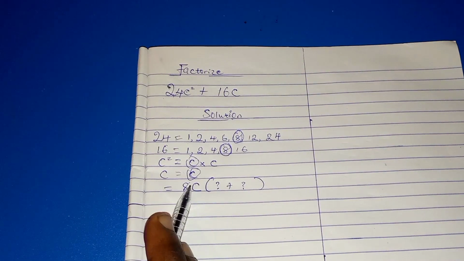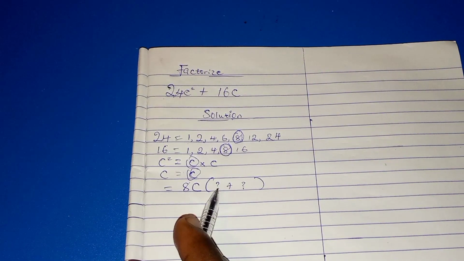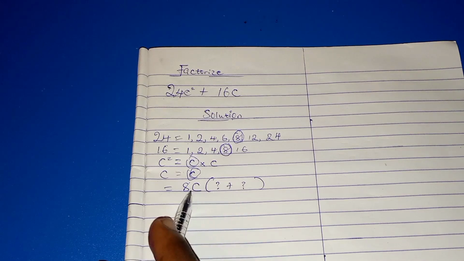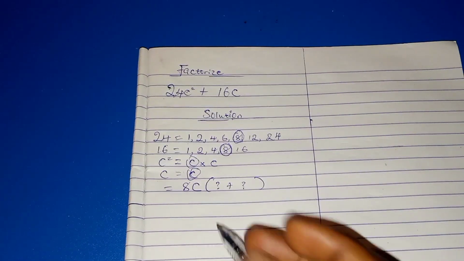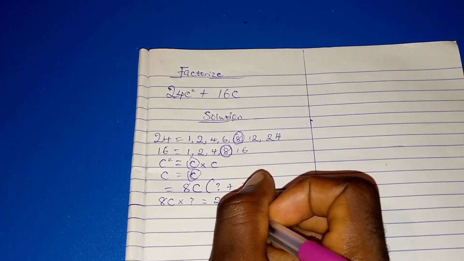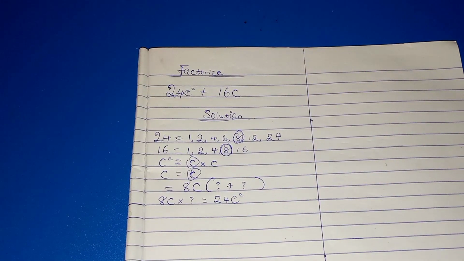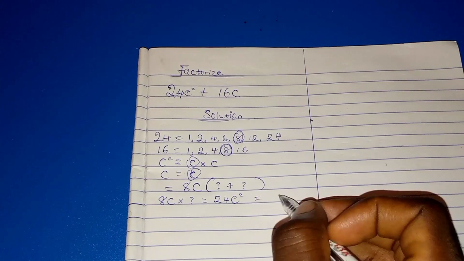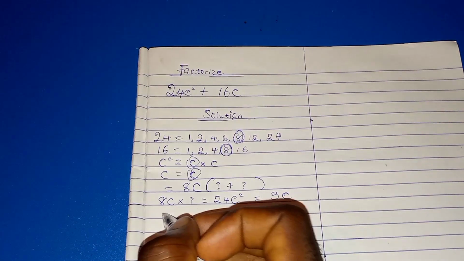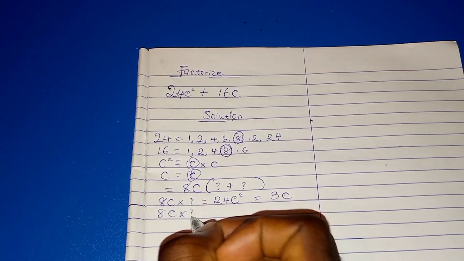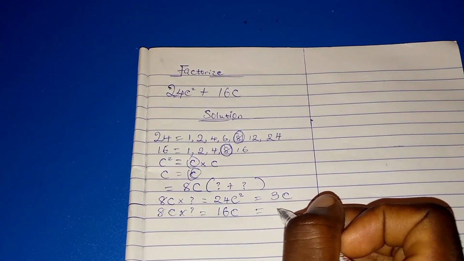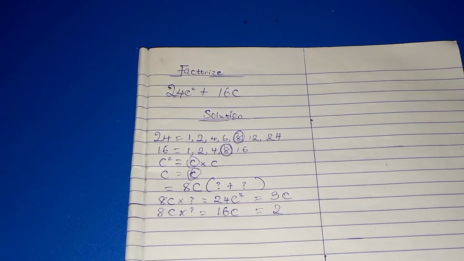Now, what would we multiply 8c by to give us 24c square? And what would we multiply 8c by to give us 16c? If you use your calculator, you will find that 8c times 3c gives 24c square. And 8c multiplied by 2 gives 16c.